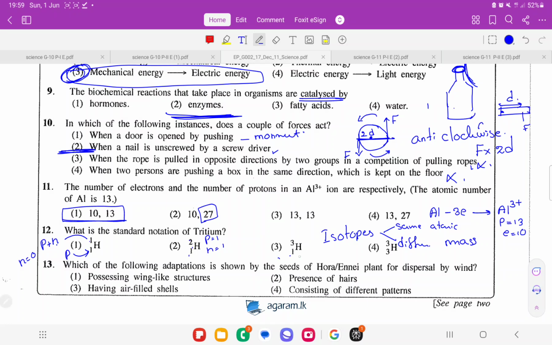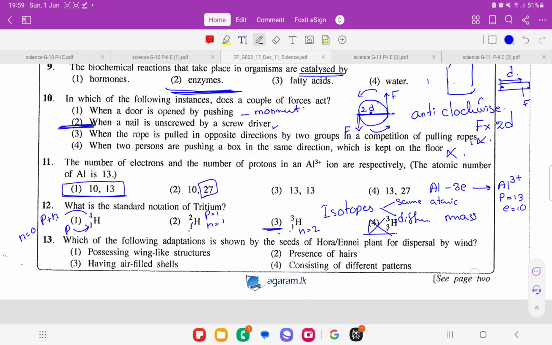What happened? Neutron count 2, right? This is wrong. But standard notation of tritium is 3. Third one, isotopes, just remember, like I take some examples, masses are different, same type but masses are different. Like if we take granite, different sizes, same type, same element but different masses.